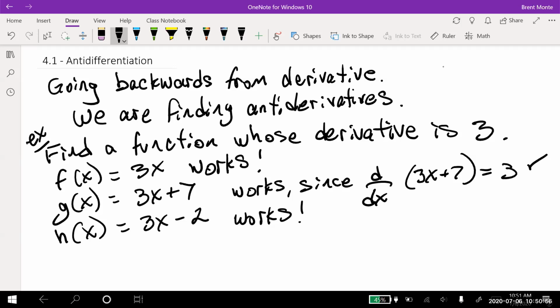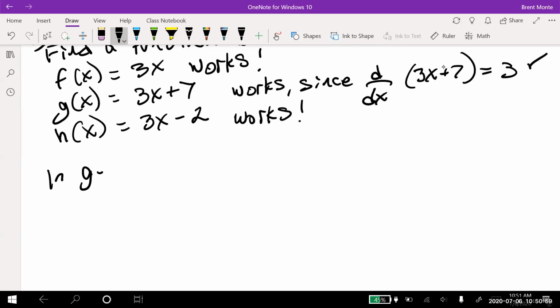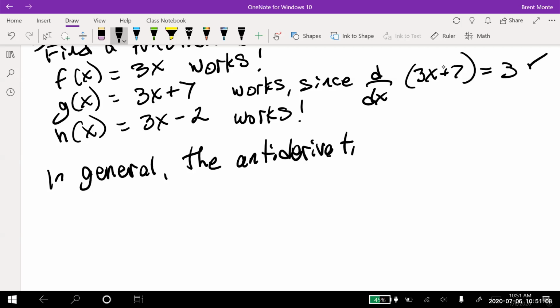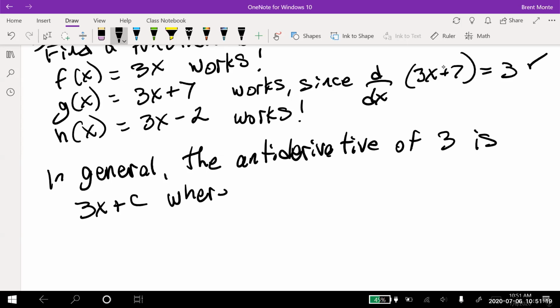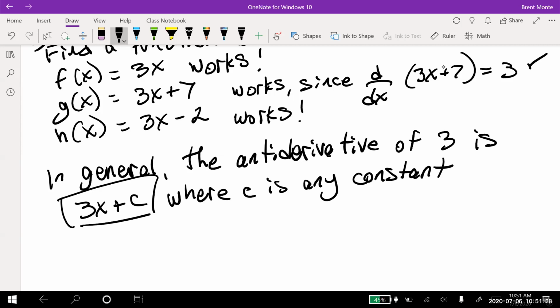So in general, what we're going to write is that the antiderivative of 3 is 3x plus c, where c is any constant. And so when I just wrote 3x, that fits because the constant in that case would just be 0, which of course 3x plus 0 is the same as 3x, plus 7, minus 2, they all work.